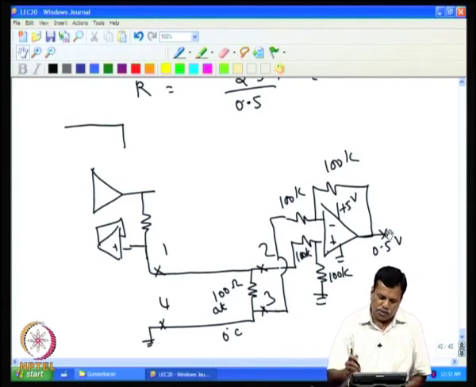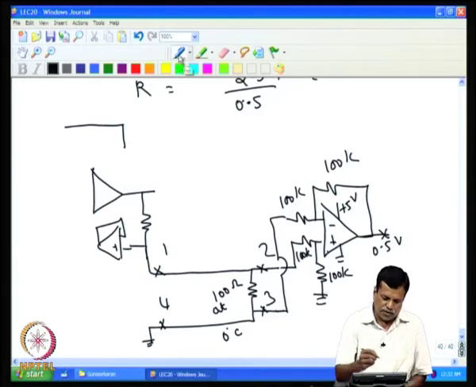The only worry would be that this 0.5 volt may be too small for the next stage, where we convert this into a current. To solve that problem, instead of grounding it, we can float it at some fixed reference voltage. That can be done by modifying this.